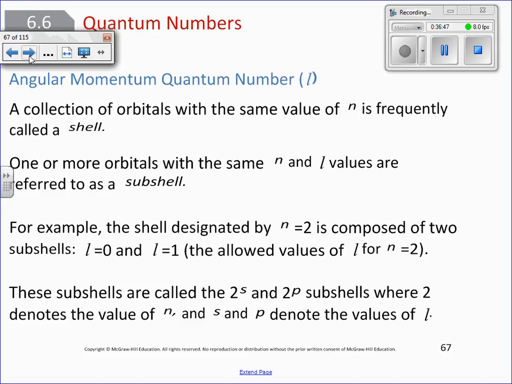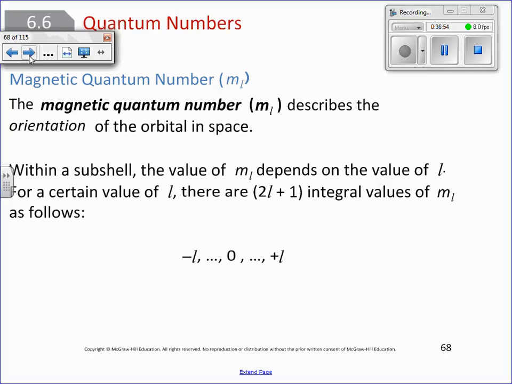The magnetic quantum number m sub L goes from minus L to 0 to plus L. So when L is 0, what's m sub L going to be?